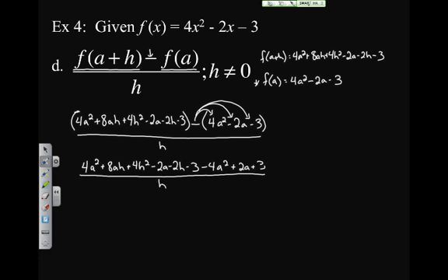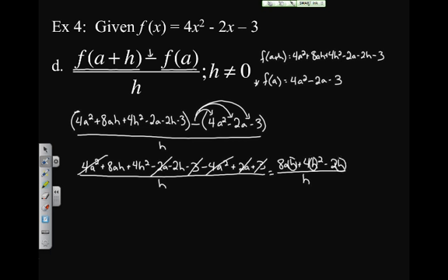So now, you'll see right now, notice the 4a squared can cancel with the negative 4a squared. Then the negative 2a can cancel with the positive 2a. And the negative 3 can cancel with the positive 3. So what we have left is this, 8ah plus 4h squared minus 2h divided by h. Now again, think back to when we divide. Notice each of those things have a factor of h here, here, and here.